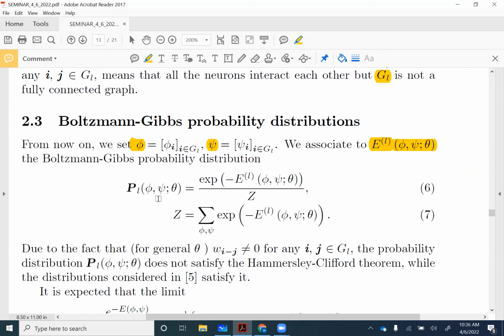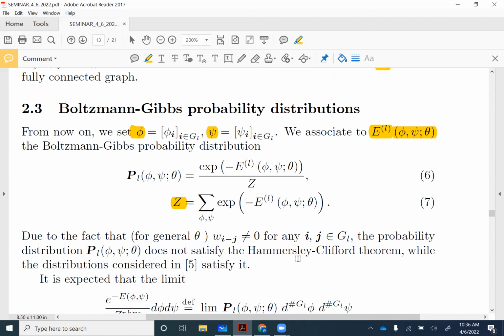Now, this is the Boltzmann-Gibbs probability distribution attached to this energy functional. So it's the exponential of minus the energy functional, and then we have to divide by Z, and Z is the partition function. Okay, so this is the Boltzmann-Gibbs probability.